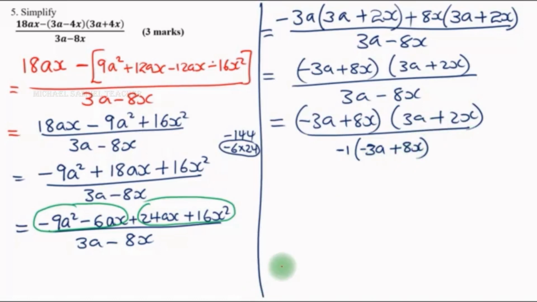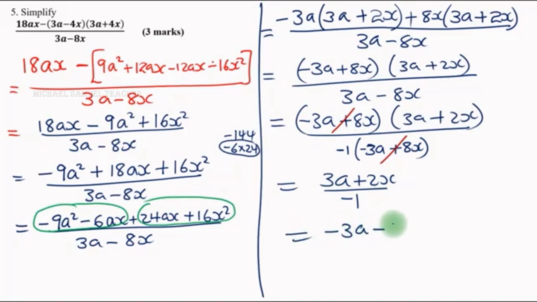So from there now, what is common is minus 3a plus 8x. This will be common, so it shall be cancelled. Therefore, we have 3a plus 2x all over minus 1, which will be the same as minus 3a minus 2x. So, that is it. Move to the next question.